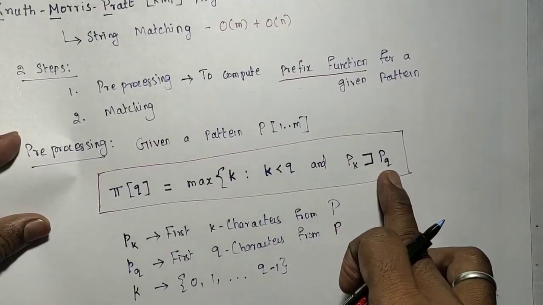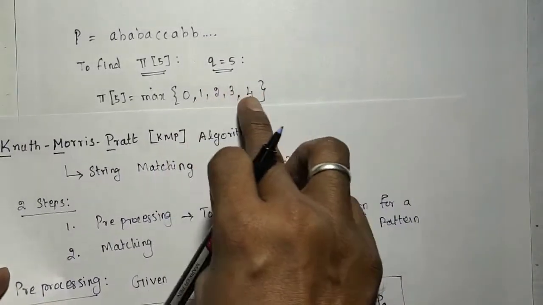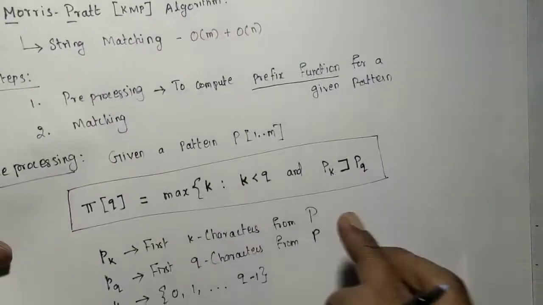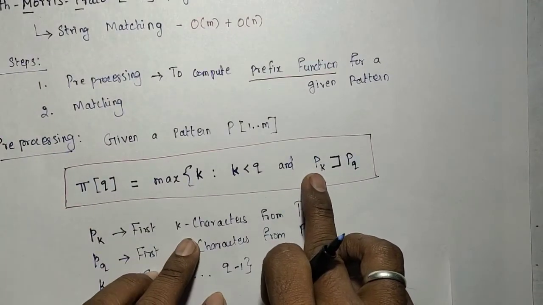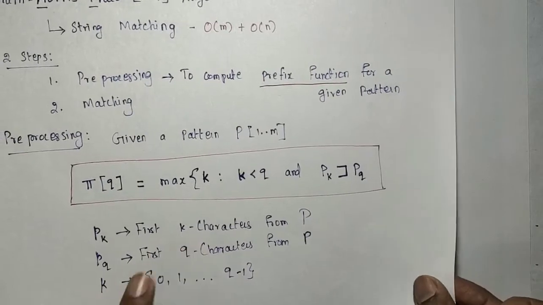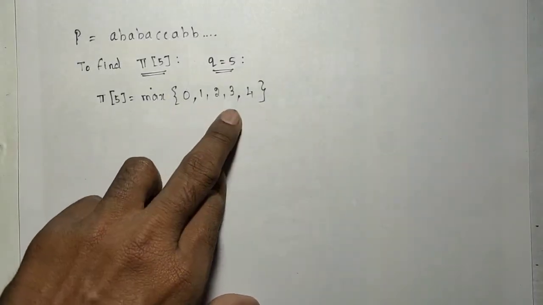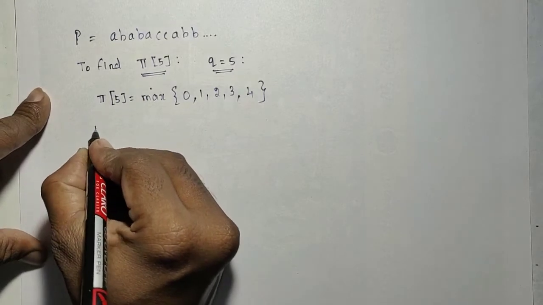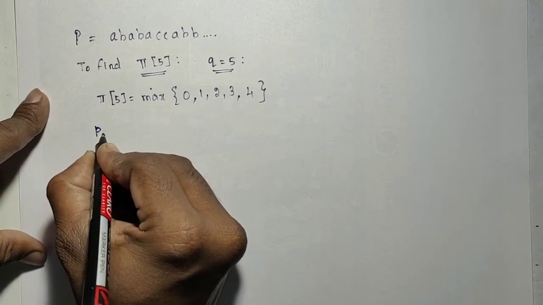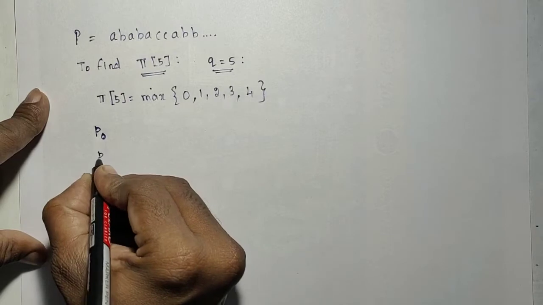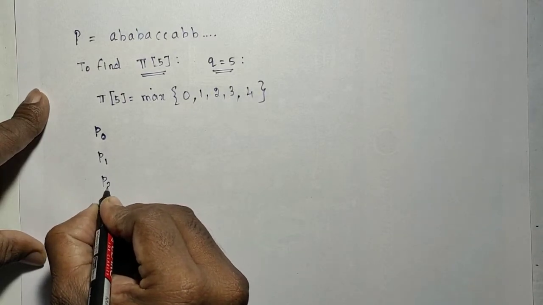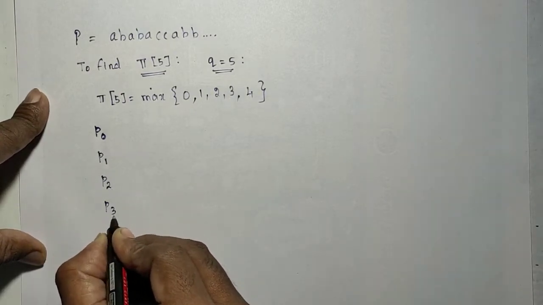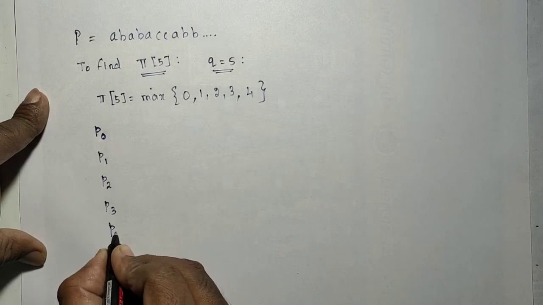Okay, which condition is satisfied among this, what is the maximum k. So I need to take the pk. Pk means what, p0, p1, p2, p3, p4, like that. So I need to consider p0, p1, p2, p3 and p4.